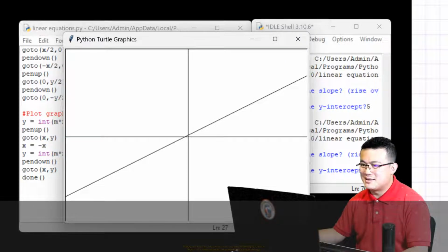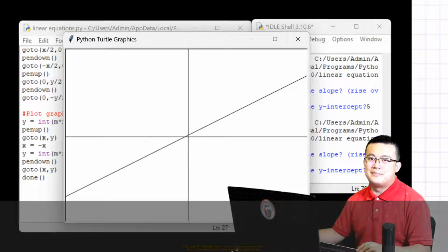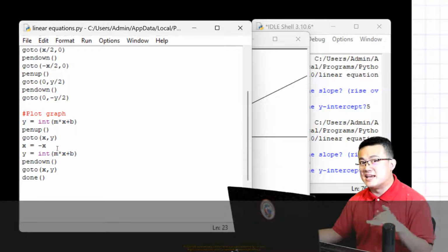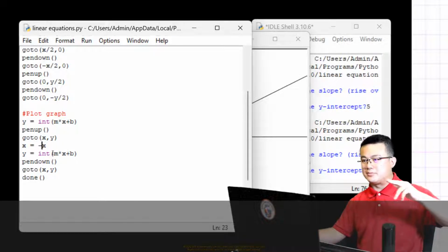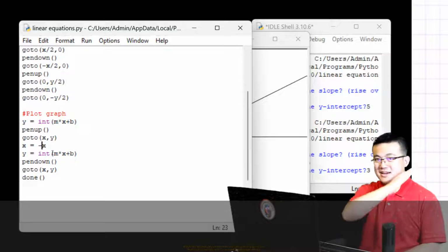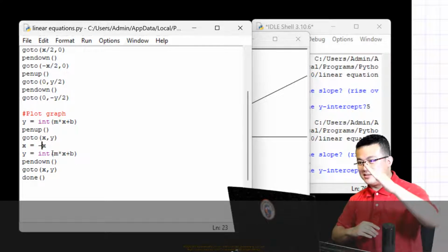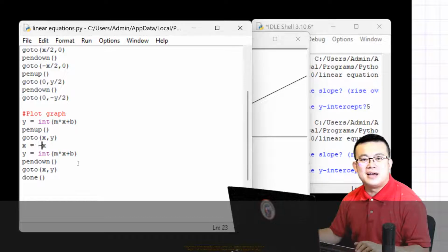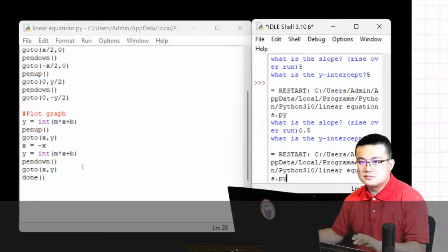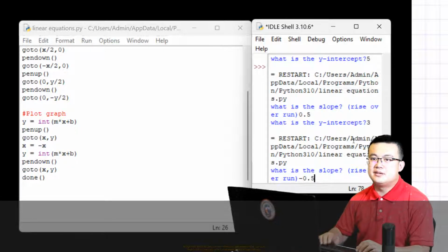How cool is that? To make the graph go down the other way, you have to change m to be negative. Because when it's rise over run, when it's going up this way, that's positive m. When it's going this way, then it's negative m. So if I run this again, the slope is negative 0.5.